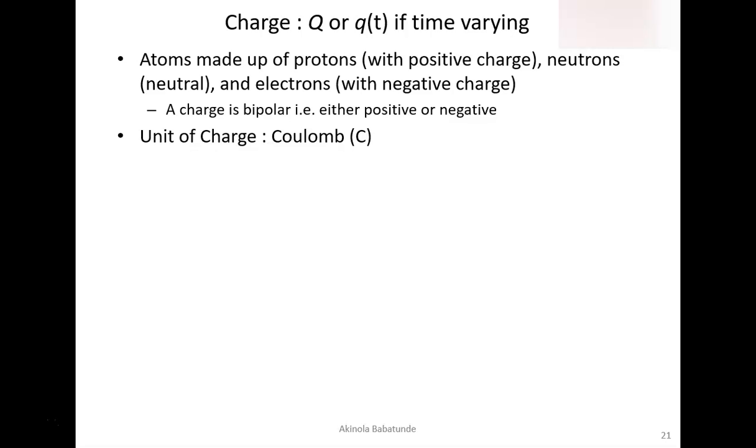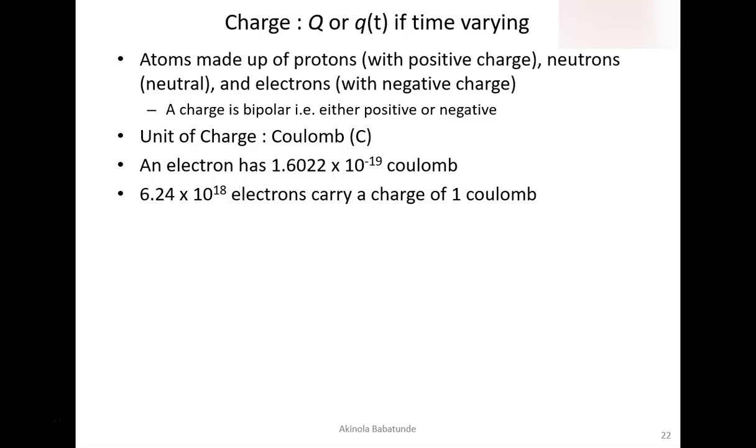The protons are positively charged, the electrons are negatively charged, while the neutrons have no charge, they are neutral. A charge can be referred to as being bipolar. That means that it can be positive or negative. And the unit of charge is usually given as coulomb with a symbol C.